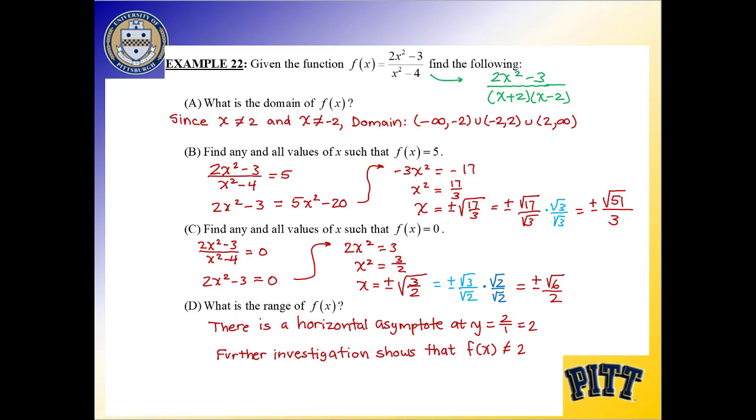That becomes important because even if you do have a horizontal or oblique asymptote, it doesn't mean the graph is never going to pass through that asymptote. It's an end behavior.